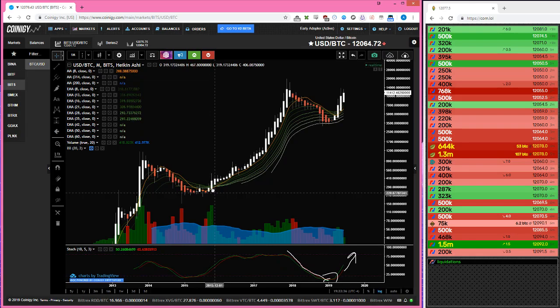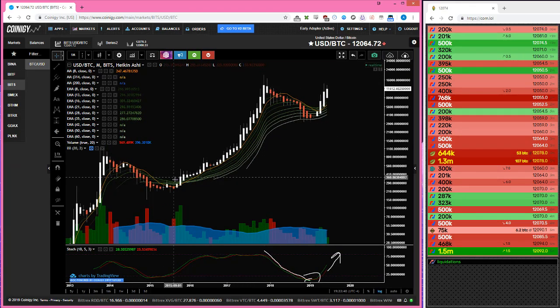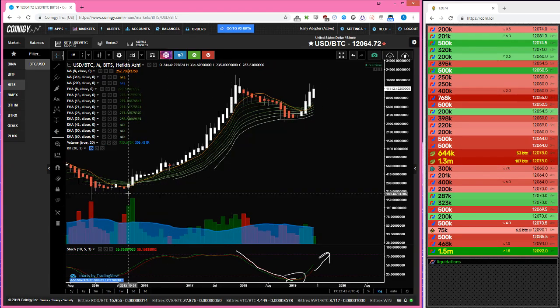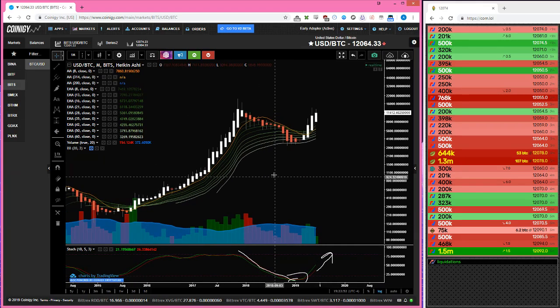So as you can see, just trading purely on Heikin candles, you would have been long from here, and then you would have sold here, and if you exited here, you wouldn't have bought back until 4K. But with Heikin candles, you're still long here.